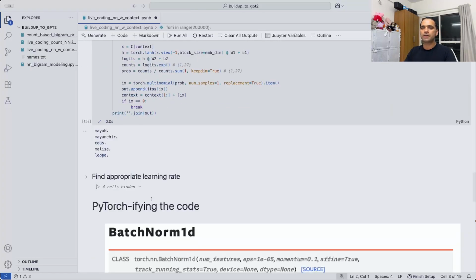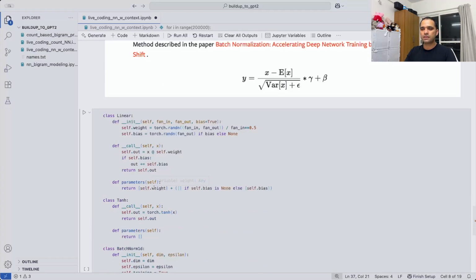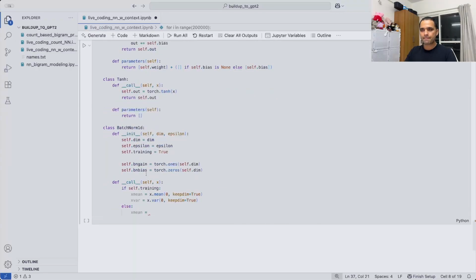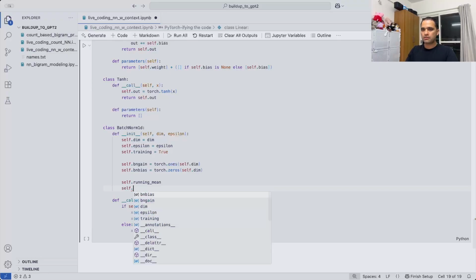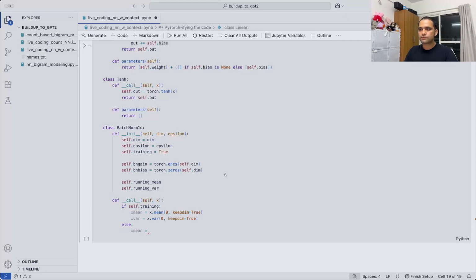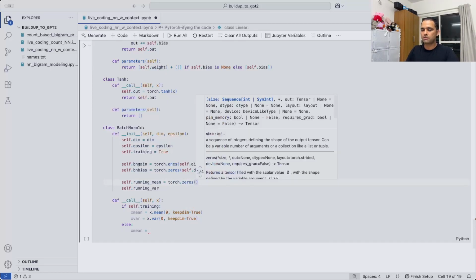So let's define them as self.running_mean and self.running_variance. Self.running_mean we can initialize as torch.zeros, because we want things to be unit Gaussian, therefore it should be close to zero, of the same dimensionality.